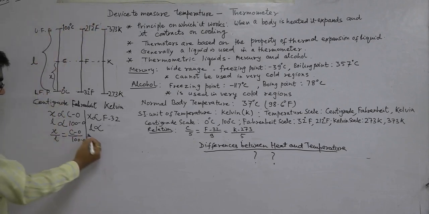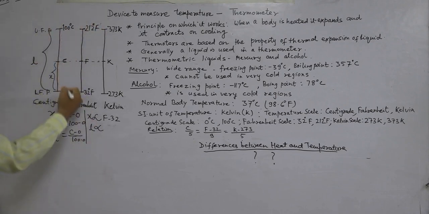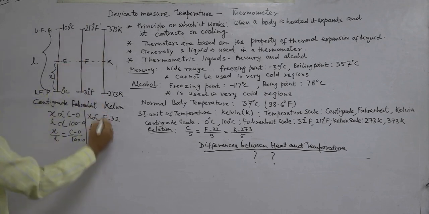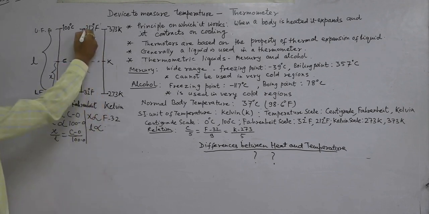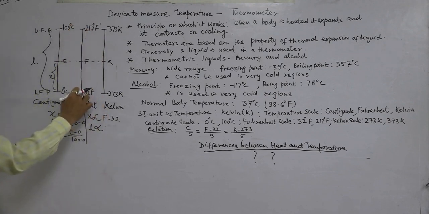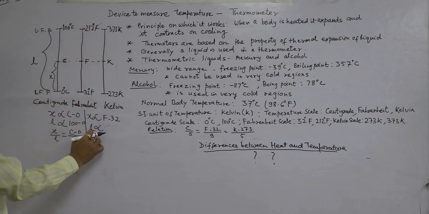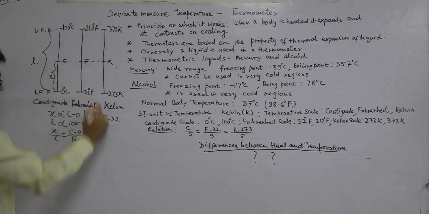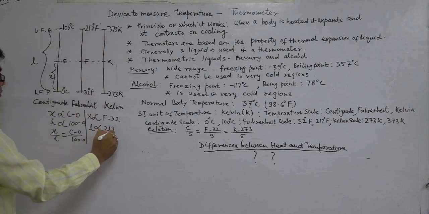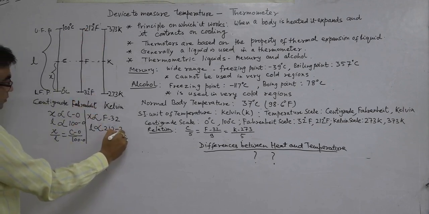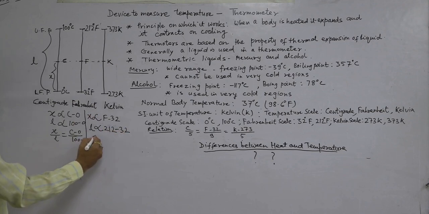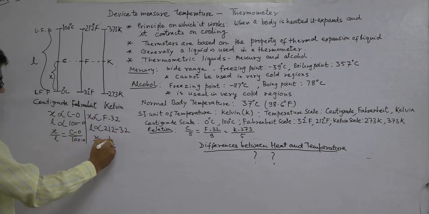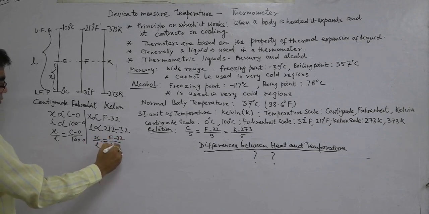So L is proportional to 212 minus 32. So in this case also, X upon L is equal to F minus 32 upon 212 minus 32.